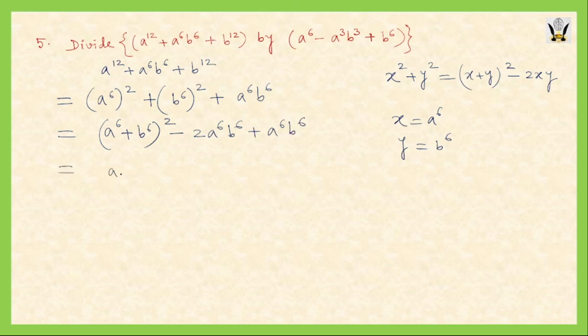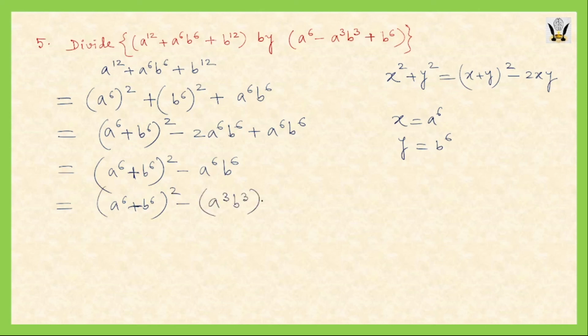So if we simplify further, it will be (a to the power 6 plus b to the power 6) whole square, and from here we will have minus a to the power 6 b to the power 6. So what we can see here is that we have one square term, so we will rewrite that, and then we have another term where the power of both the variables a and b is 6, and that can be further represented as (a cube b cube) whole square.